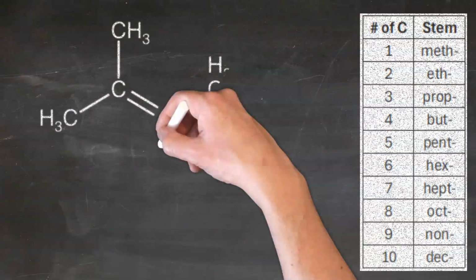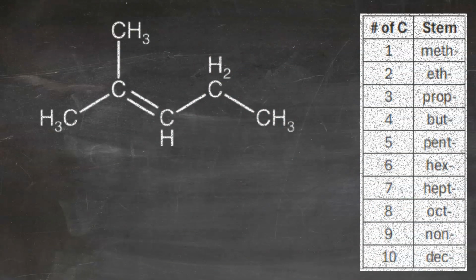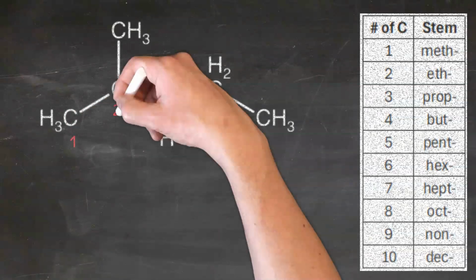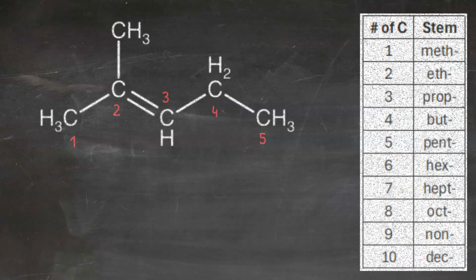In our last example, we will look at a little more complicated structure that not only has a double bond present, but also has a functional group attached to the carbon chain. Again, the first thing we want to do is number our carbons. And I want to number the carbons starting from the carbon closest to the double bond. So that would be starting here on the first carbon on the left and going from left to right. Now that I know that I have 5 carbons, I will pick the stem pent. I will then need to account for the double bond.